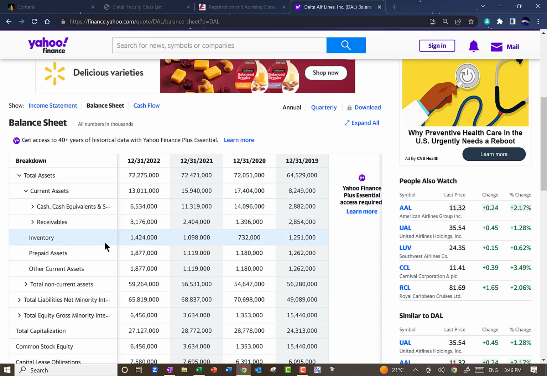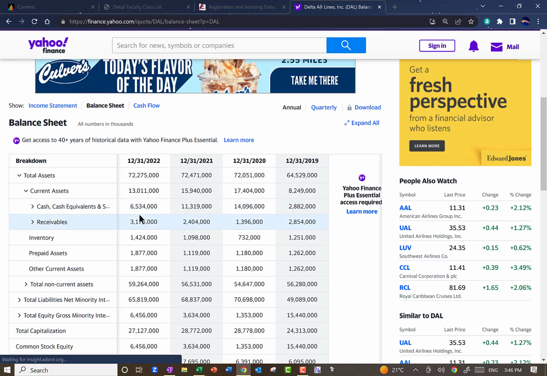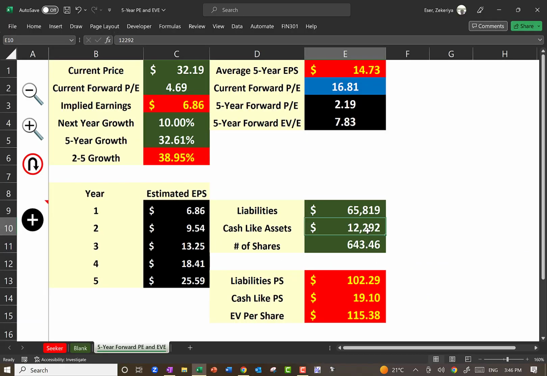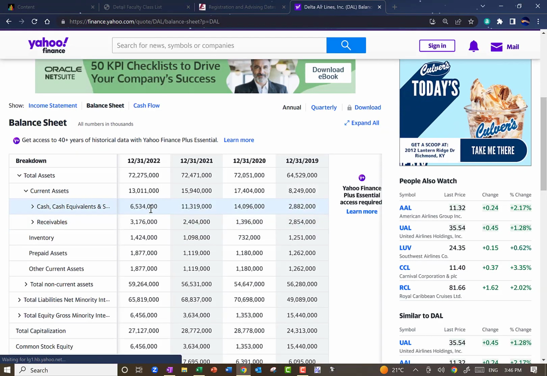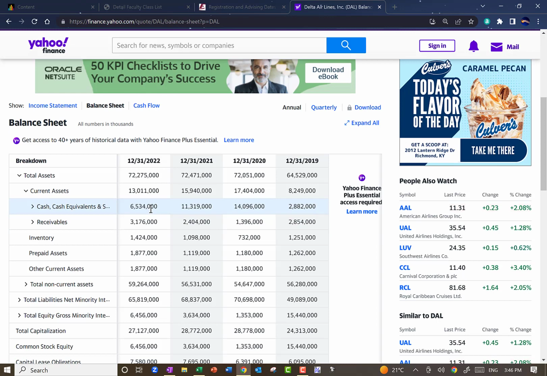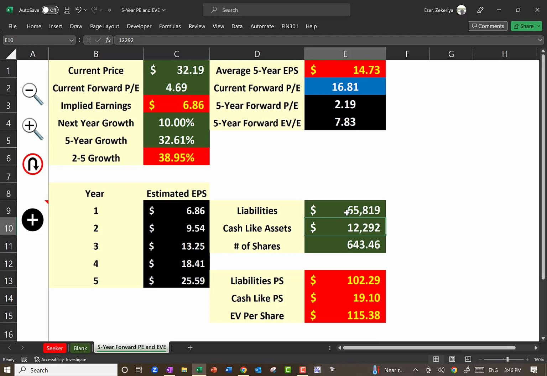Basically, I'm not using receivables, inventory, or prepaid assets. So I'm talking about 6,534. Actually, let me see. Oh, I'm sorry. I was supposed to do it quarterly. 65,397.